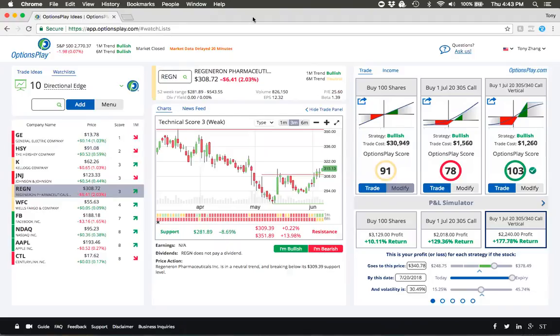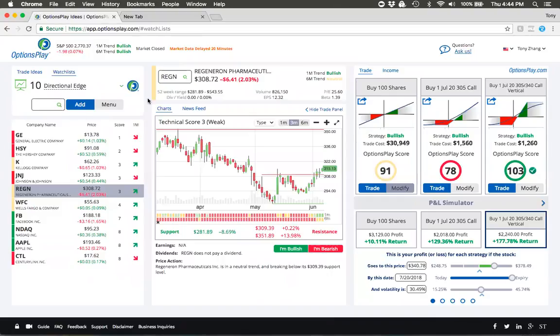What I really wanted to do is show you guys how easy it is to look at these types of strategies without an option chain, so that you can utilize options play to quickly find those strategies without having to be bogged down by looking through the chains, finding an expiration and strike price, then going back to the charts. There's a lot of back and forth that you end up doing.